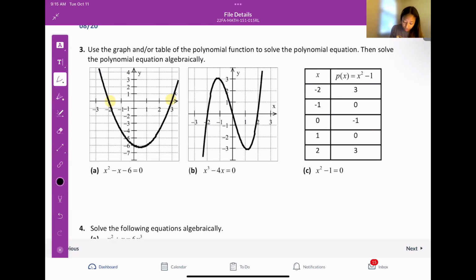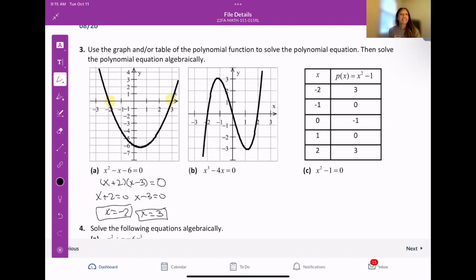If we solve this algebraically, when we factor this, we get x plus 2 times x minus 3 equals 0. So x plus 2 equals 0, x minus 3 equals 0, x equals negative 2, and x equals positive 3.